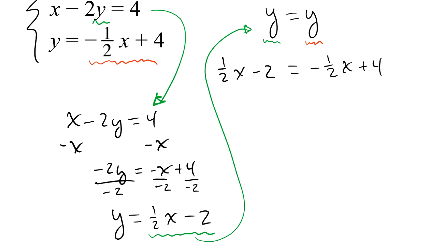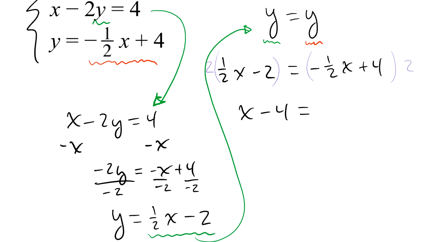I'm going to solve this by multiplying both sides by 2. So both the left and right hand side are going to pick up a factor of 2. When I do that, on the left hand side I get x minus 4. On the right hand side this becomes a negative x plus 8.